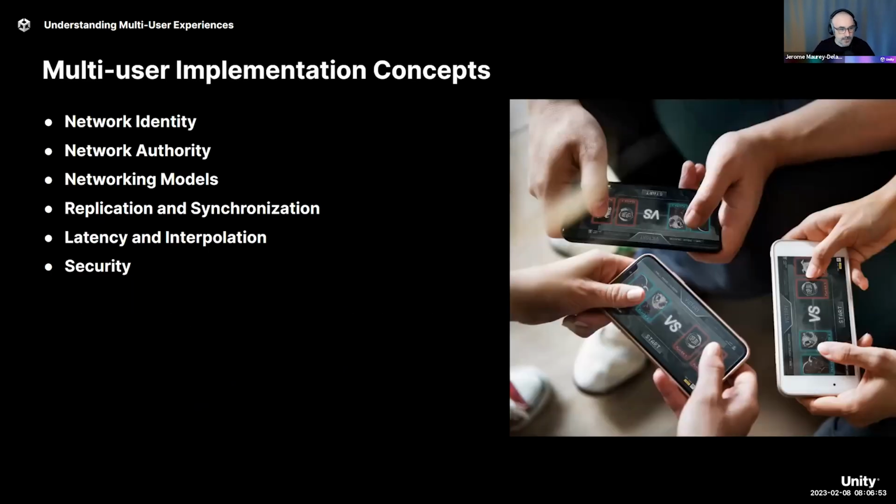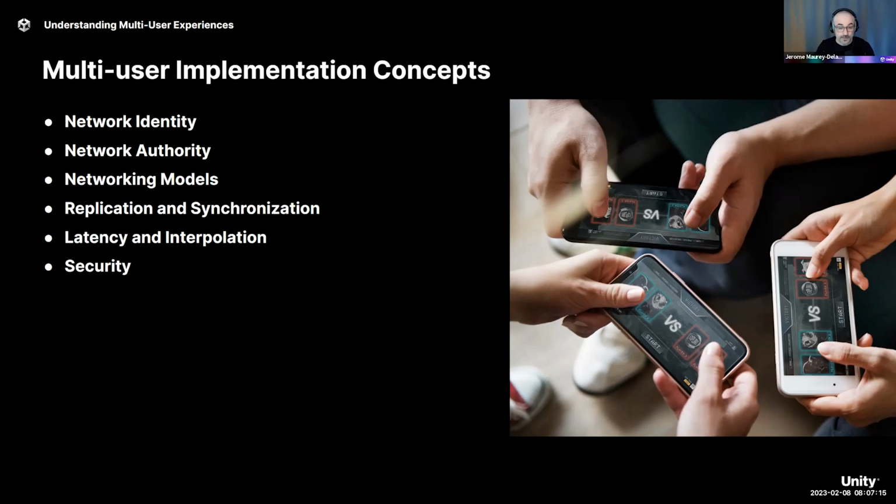Now, into the introduction to networking. There are a few concepts or things you need to be aware of. I'll cover some of them in more detail throughout the session, but at a high level, you need to have a network identity, which means you need to know who and where to find each other.